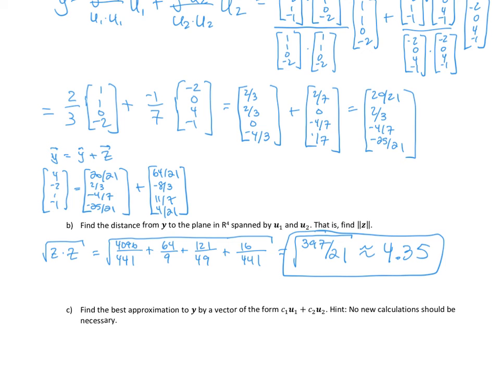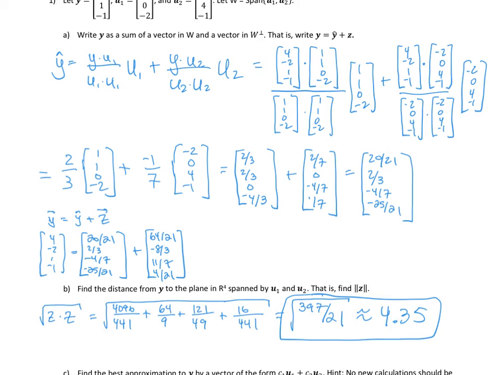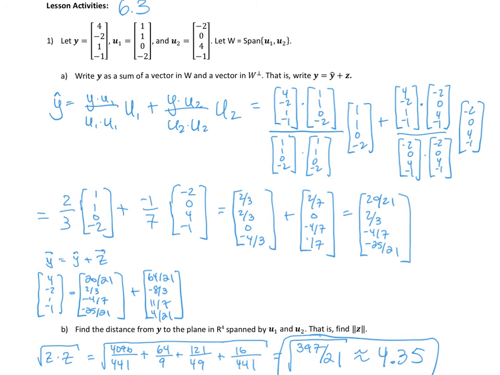Okay, part C says find the best approximation to y by a vector of the form c1u1 plus c2u2. Hint, no new calculations should be necessary. So we did this in part A. I'm just going to scroll back up to show you what we did here. This is a scalar c1, and this is a scalar c2.